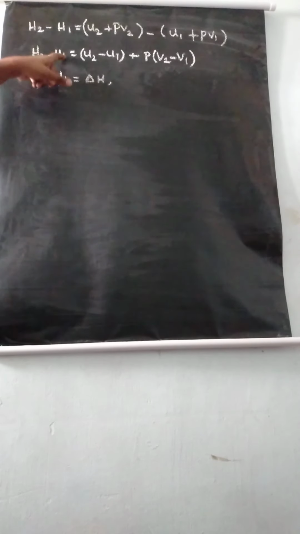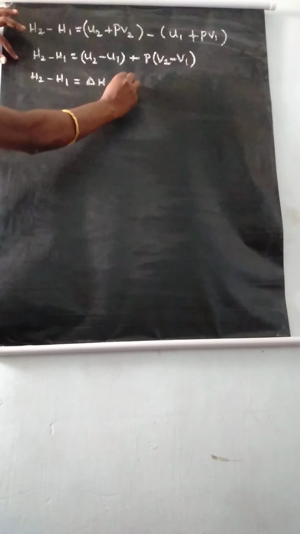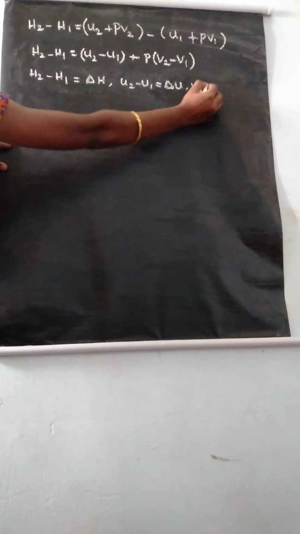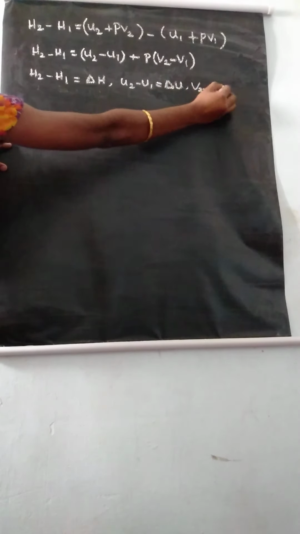Now you already know H2 minus H1 means final minus initial state, that is delta H. In the same way, U2 minus U1 means delta U and V2 minus V1 means delta V. Understand? Now substitute these values.